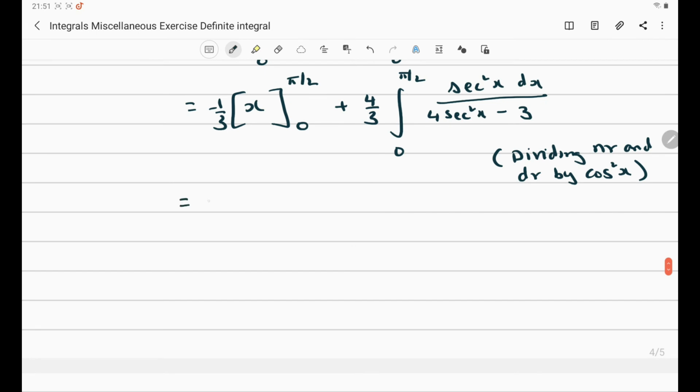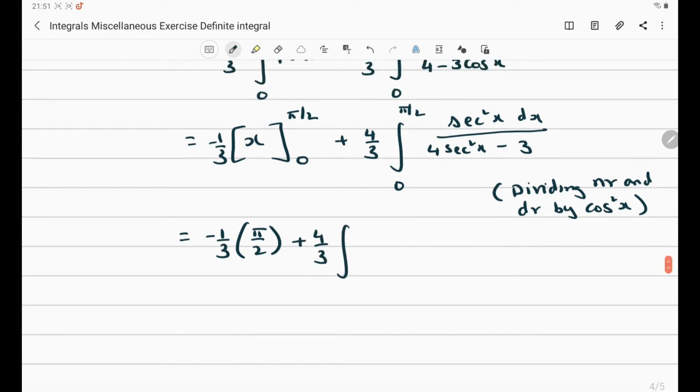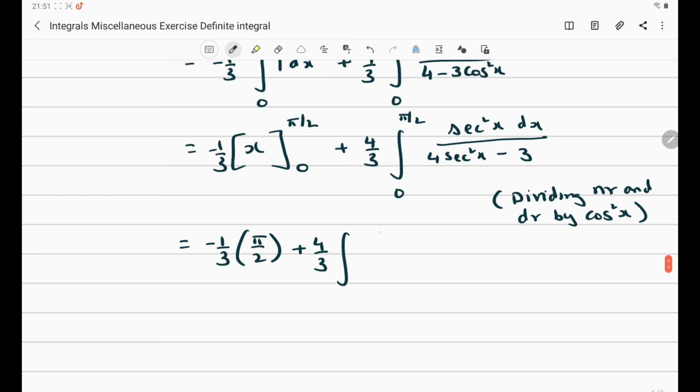So we got this as minus 1 by 3 into pi by 2 plus 4 by 3 integral of secant square x dx by 4 into, we can write secant square x as 1 plus tan square x, minus 3.